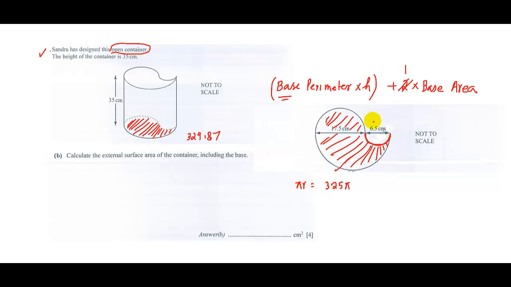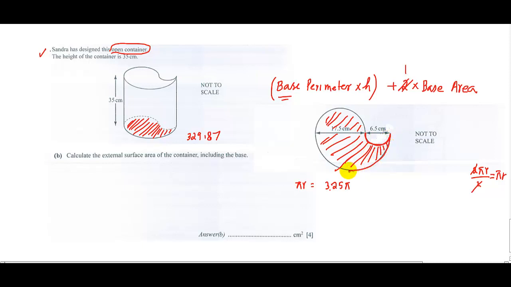The circumference of the full circle is 2 pi r, and the semicircle will have 2 pi r divided by 2. So the 2s cancel, and it will be pi r.